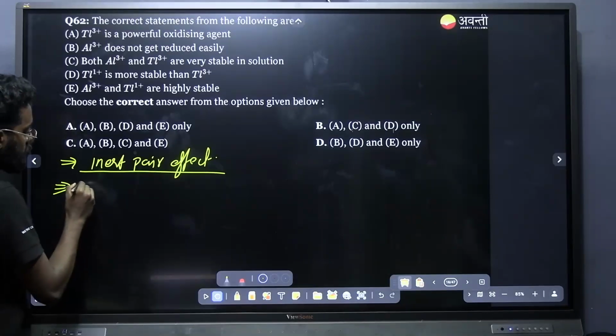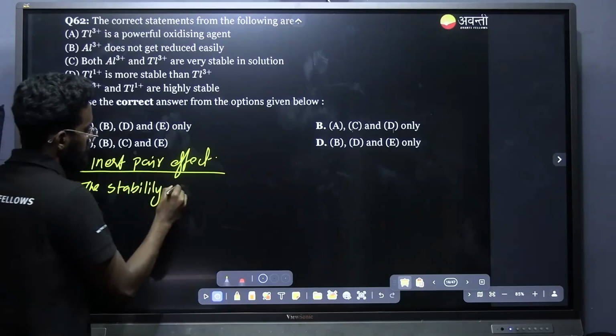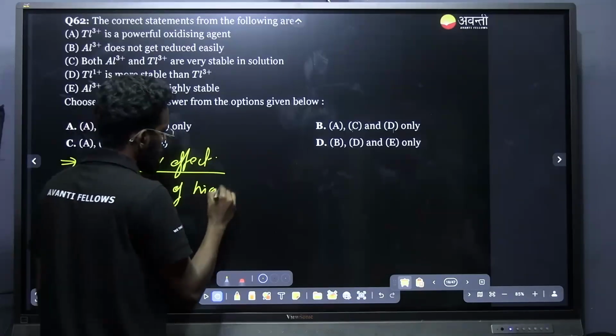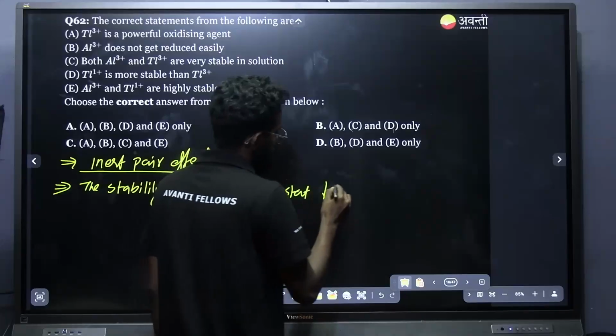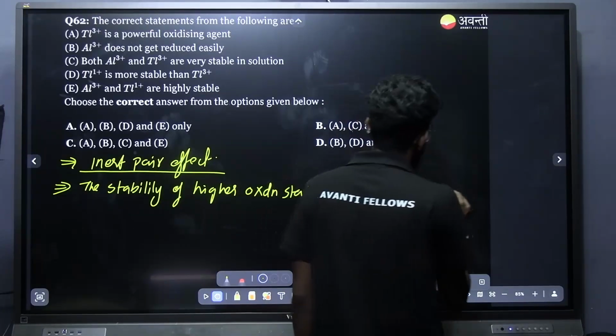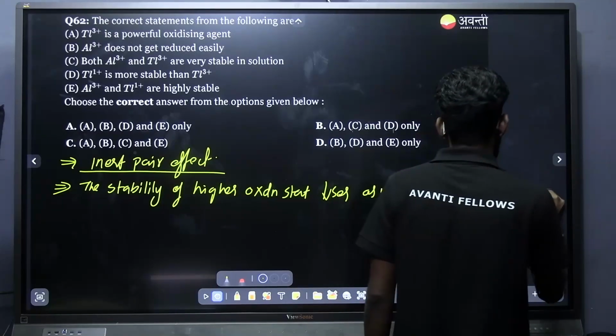the stability of higher oxidation state decreases as we move down in a group.